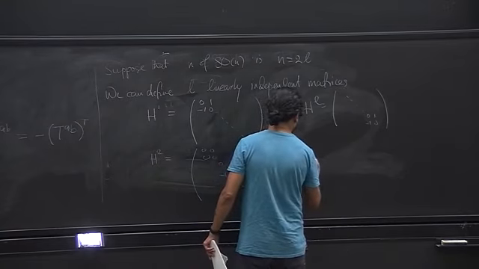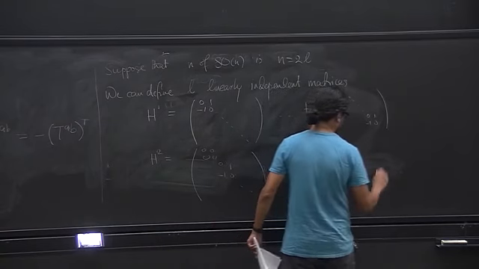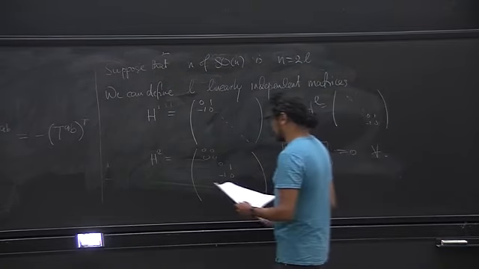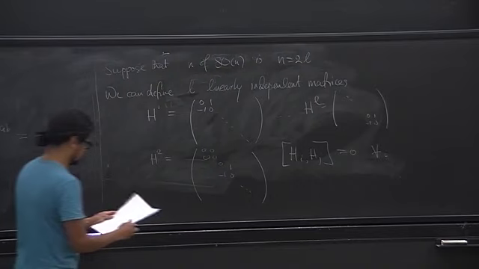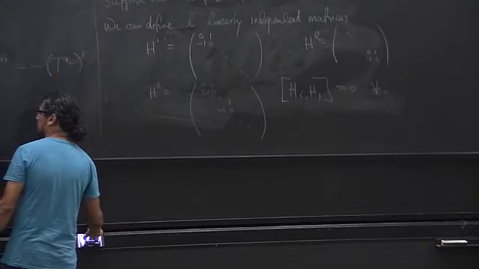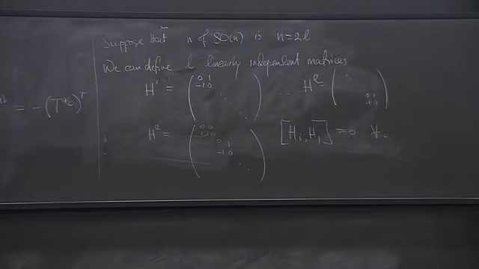So the commutator of Hi and Hj is zero for all i and j. And I gave you the generators for the other elements as well last time, because I said that the general formula is an antisymmetric matrix, right?